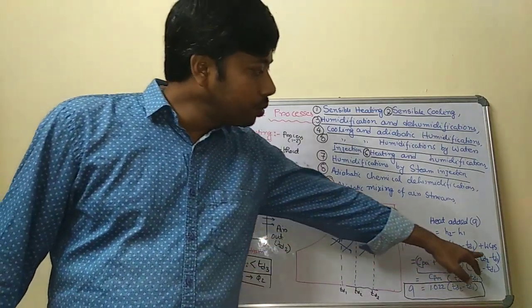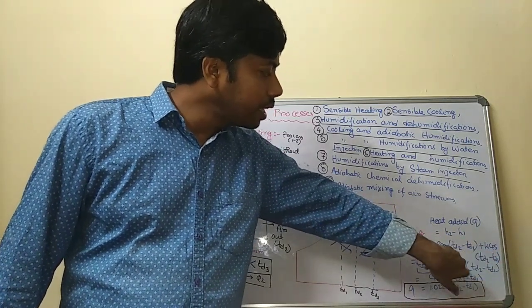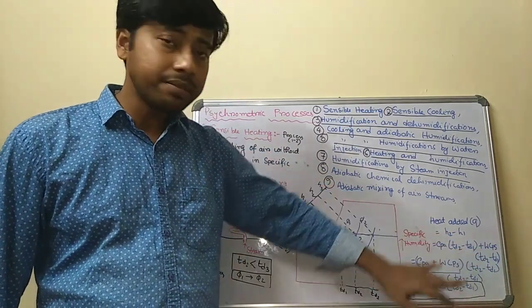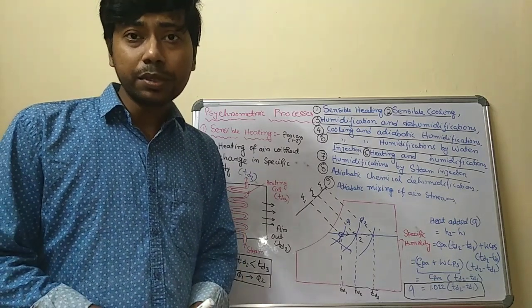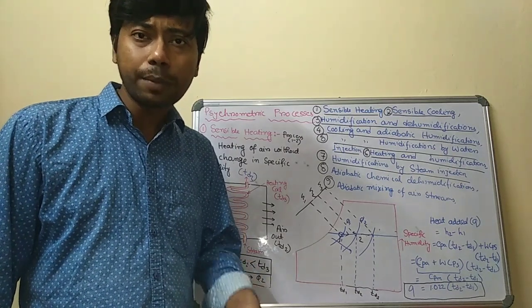Now TD2 minus TD1 is common here, and CPA plus W CPS, right? CPA is the specific heat of dry air, and CPS is the specific heat of superheated vapor.